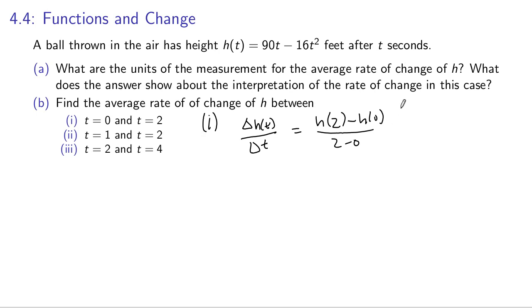Okay, so we can go over here on the side and find h of 2 and find h of 0. h of 2, putting in 2 for our function, we have 90 times 2 minus 16 times 2 squared. 90 times 2 is 180. 2 squared is 4. 4 times 16, we might want to use a calculator to find.